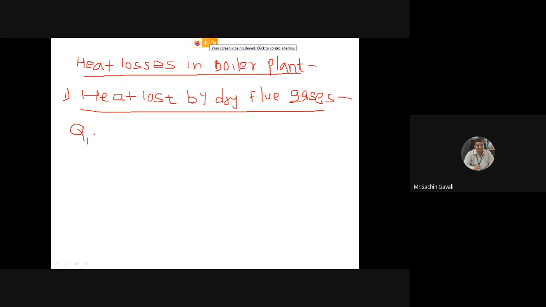Write down: Q1 is equal to mg into Cpg into bracket Tg minus Ta.